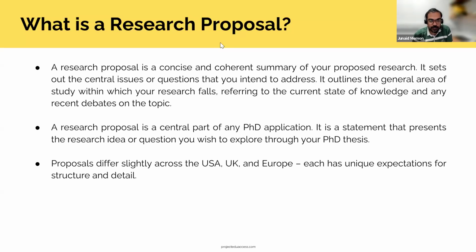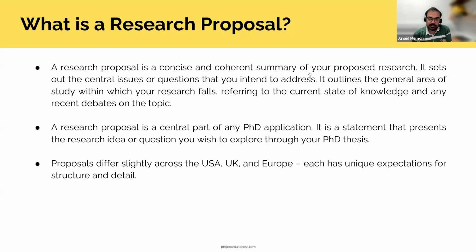Okay, so first of all, when writing a research proposal, a key thing that you want to keep in mind is that a research proposal is basically a concise and coherent summary of your proposed research. So basically, you will be doing some literature reviews, studying on the internet and reading about what's going on in the current field of your interest.